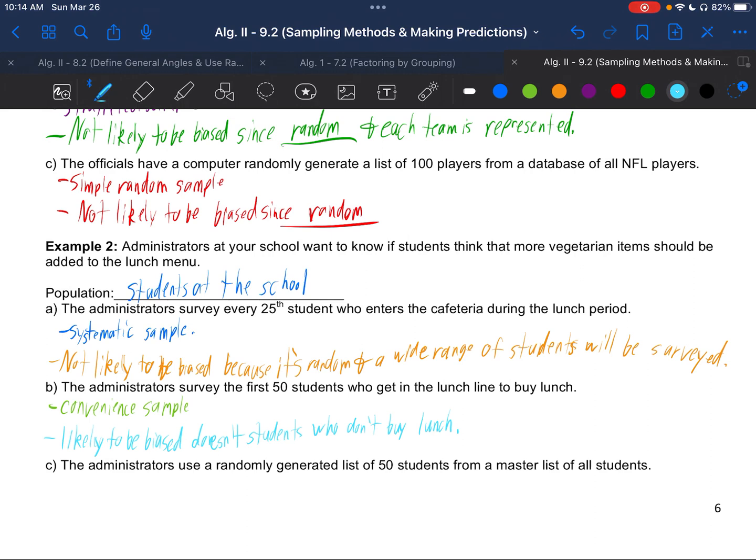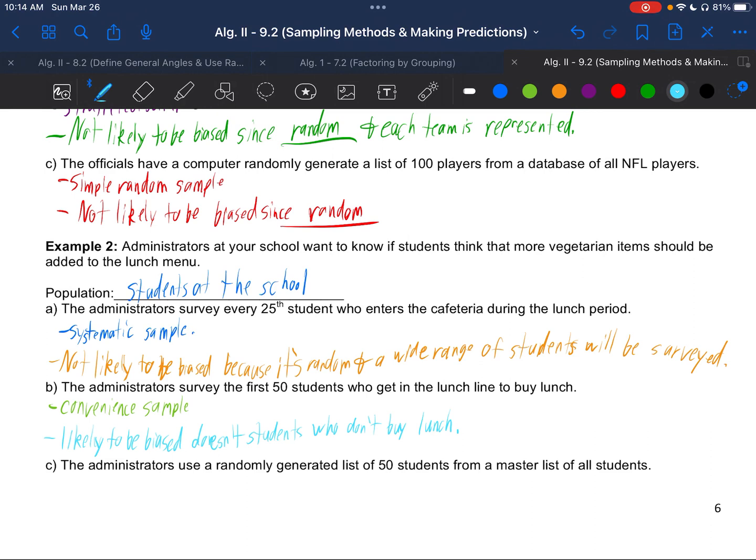Maybe you can think of other potential reasons why this could be biased as well. Maybe the first 50 students are all in one friend group and they all have similar dietary restrictions or preferences, and so that could skew it one way or another, just taking the first 50 like that.